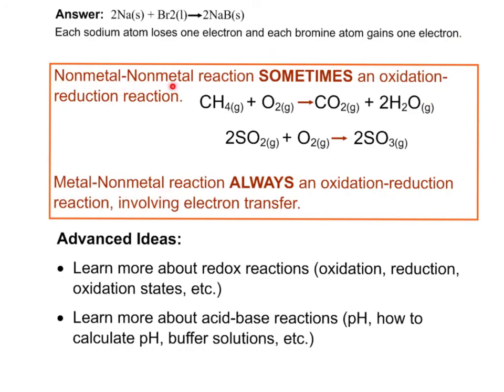When we have non-metal interactions, sometimes an oxidation reaction occurs. We will discuss this more in a later unit, but for right now, you know that if you are starting with elemental substances, or you're ending with elemental substances, you are probably going to see an oxidation-reduction reaction, as in this case. The oxygen here is a neutral charge.